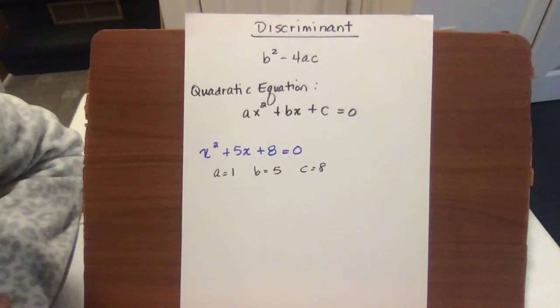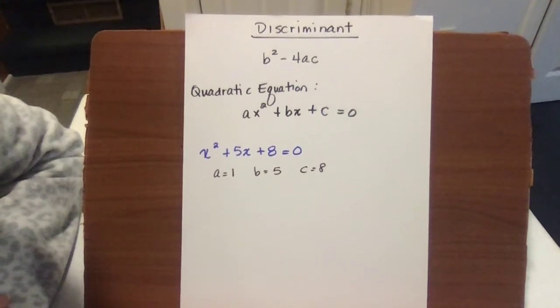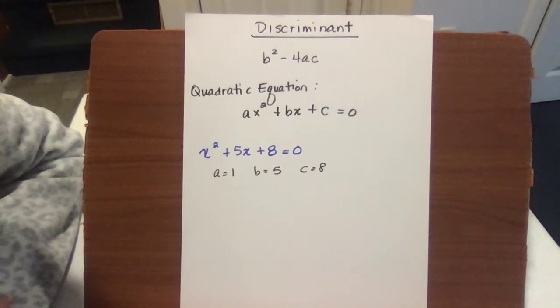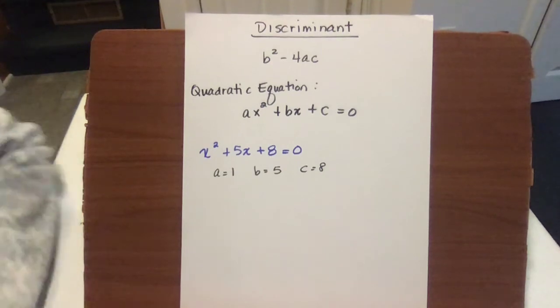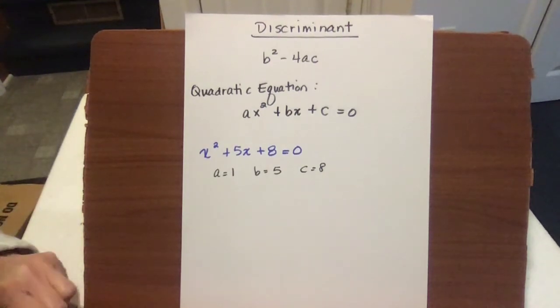It can tell us if we're going to have one solution, where 0 would be our answer to the discriminant. And it can tell us whether or not we have irrational solutions, so that means anything that cannot be written as a fraction, such as a square root or a decimal that will just go on for eternity. Okay? So that's what the discriminant does for us.